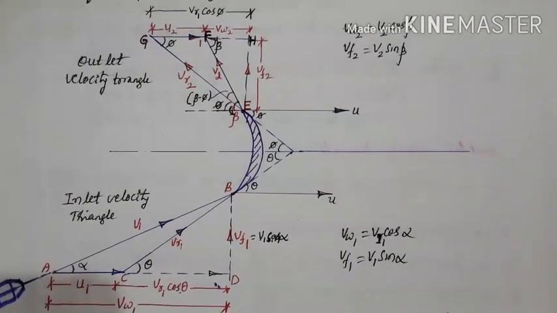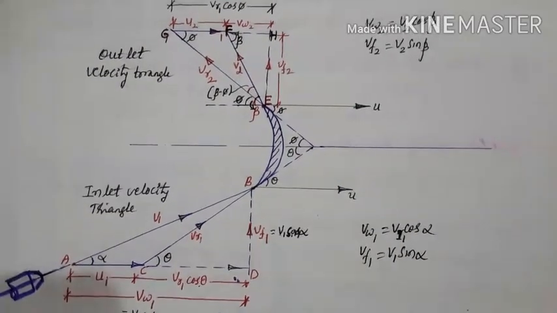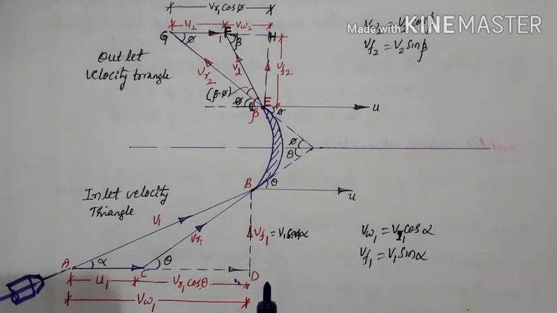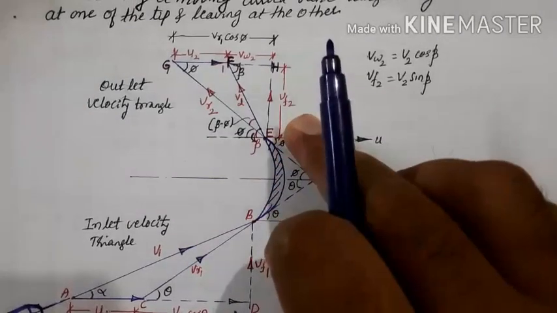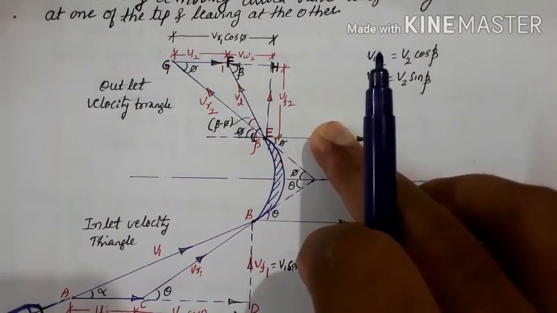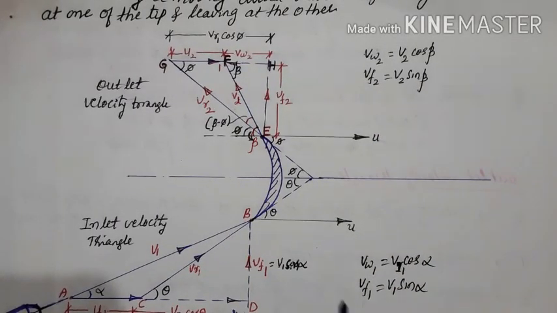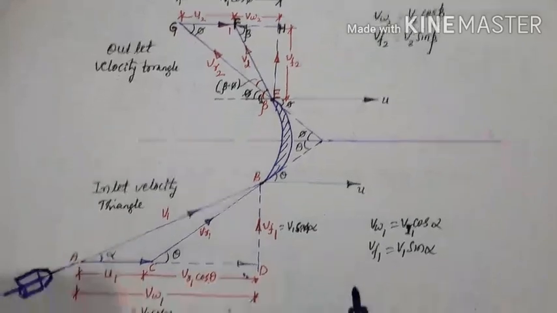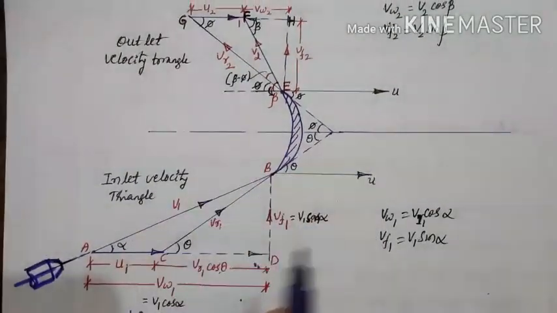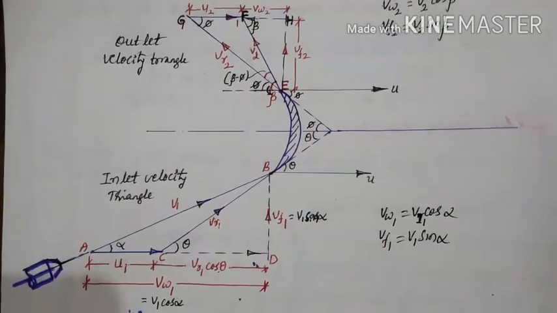So this triangle represents the inlet velocity triangle, and this represents the outlet velocity triangle. Okay, so I hope you understood this much. Then in the next part of this video, I'll draw this triangle once again at the inlet as well as at the outlet.